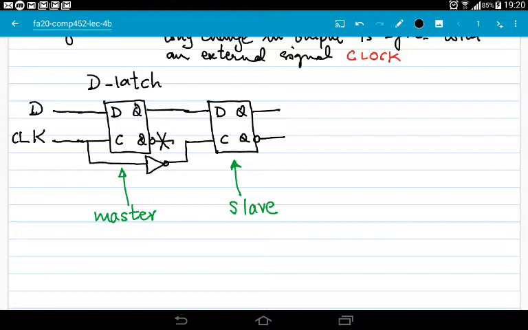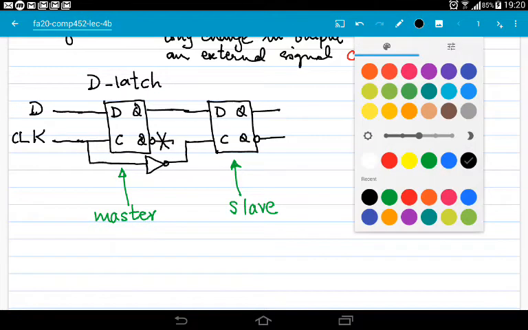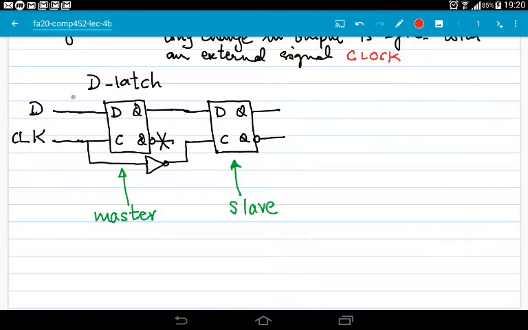So the clock input goes directly to the control input of master latch, but it goes through an inverter to the control input of slave latch. Now this whole assembly is what we call our flip-flop.